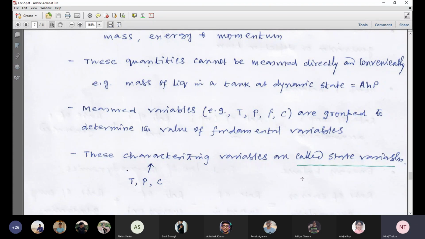Now you can note down one important point related to this state variable. State variable is usually present in the accumulation term. Note down this point.